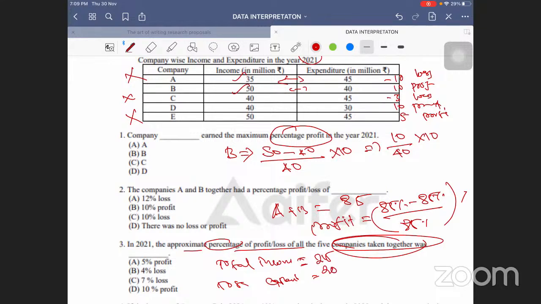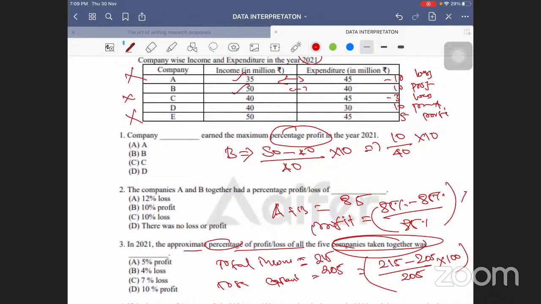So the total expenditure is 205. The formula is income minus expenditure divided by expenditure into 100. Income is 215 and expenditure is 205, so divided by 205 into 100.